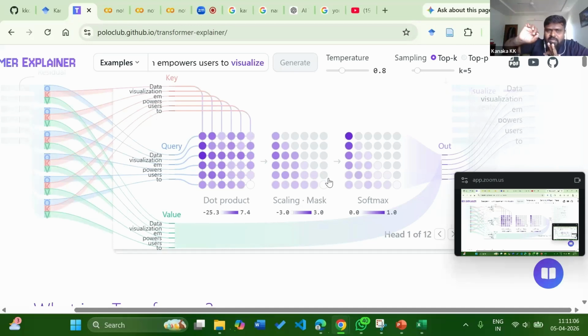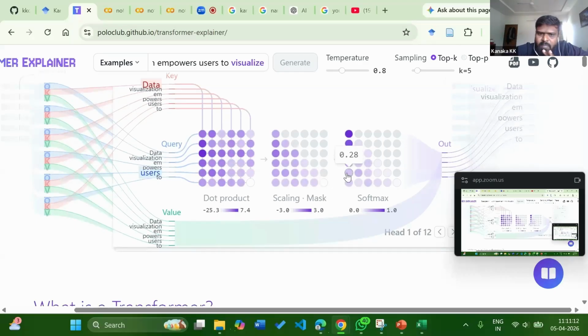So now we have multiplied the query and K matrices, taken the dot product, and after that we have done the scaling, meaning we have divided by the square root of the dimensions. Then we have done the masking, that is, we have set the upper triangular matrix values to 0.